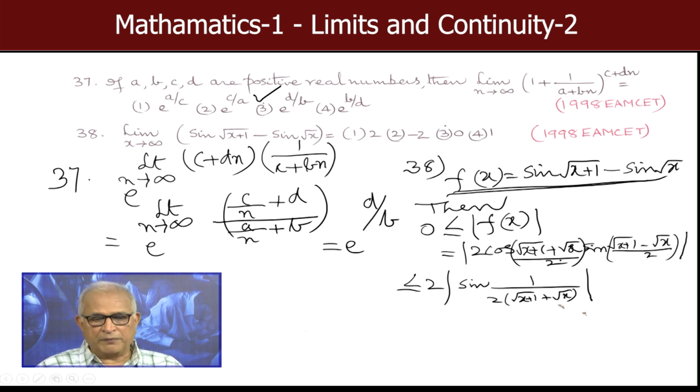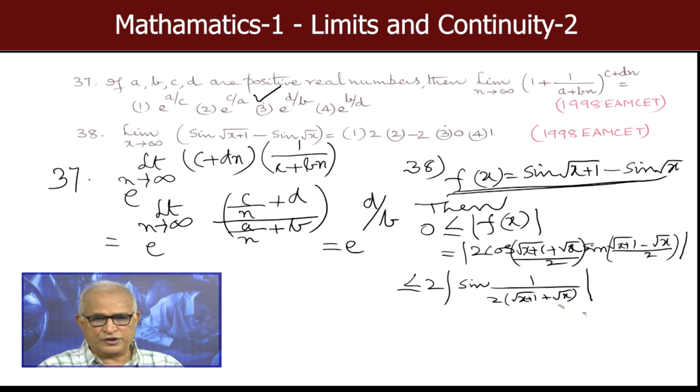So, the function mod f(x) is being squeezed on the left by the constant function 0, and on the right by the function 2 times mod sin of 1 by 2 times (root (x plus 1) plus root x). This squeezing function on the right has the limit 0 as x tends to plus infinity. On the left also, the constant function has limit 0.